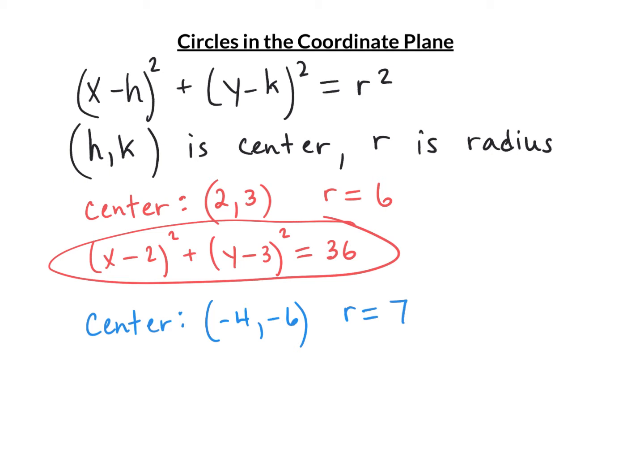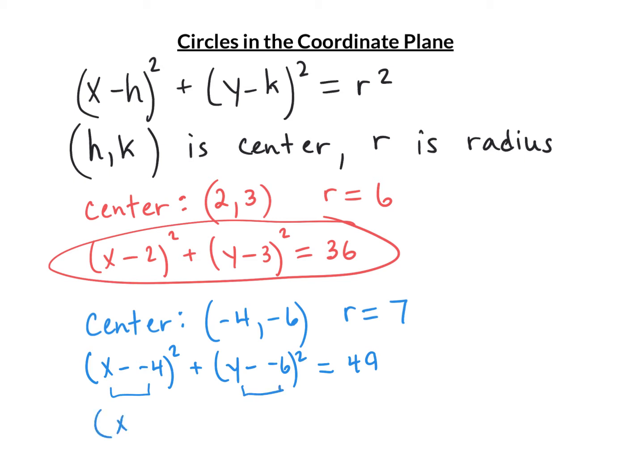If the center were -4, -6, and my radius was 7, it would be x minus -4 squared plus y minus -6 squared equals 49. Now you wouldn't leave this and this as a double negative.